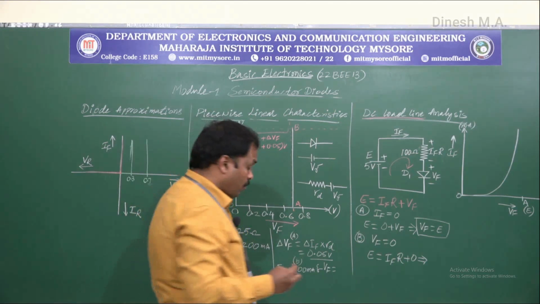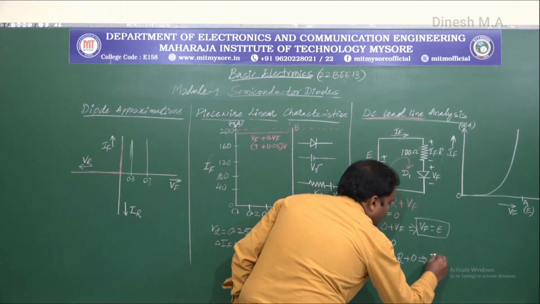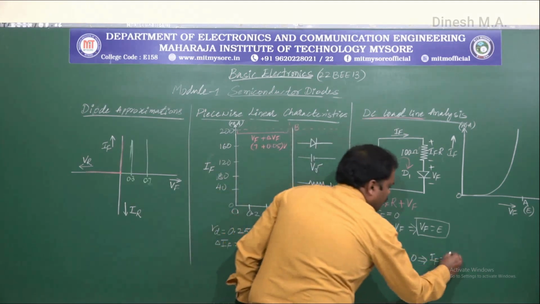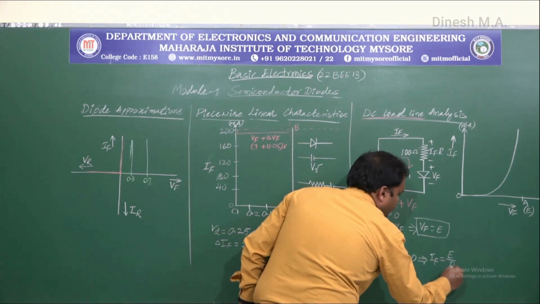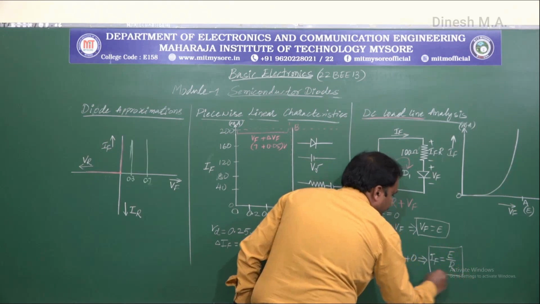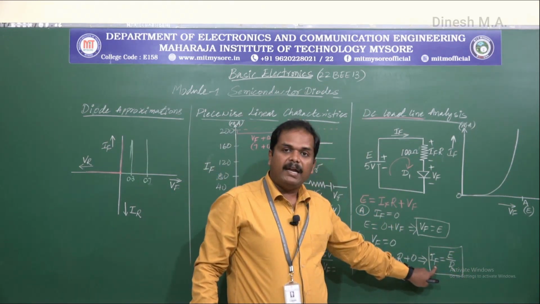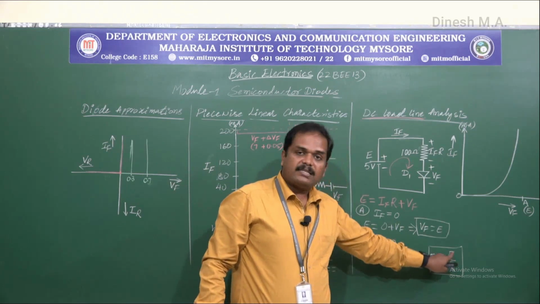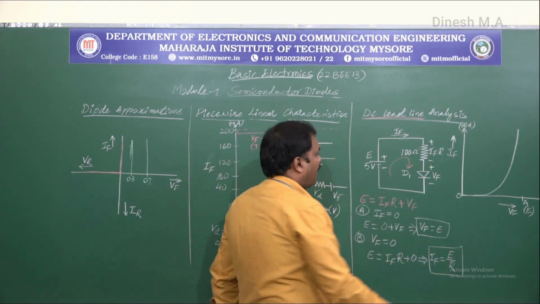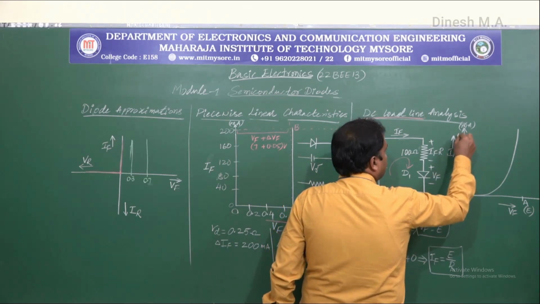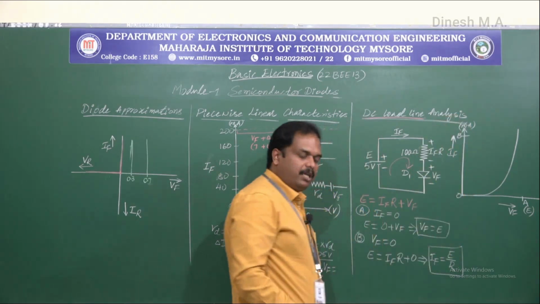Right? So here what we'll get is IF equals E by R. So point B is given by E by R, supply voltage divided by the resistance. So somewhere here we'll say this is point B.